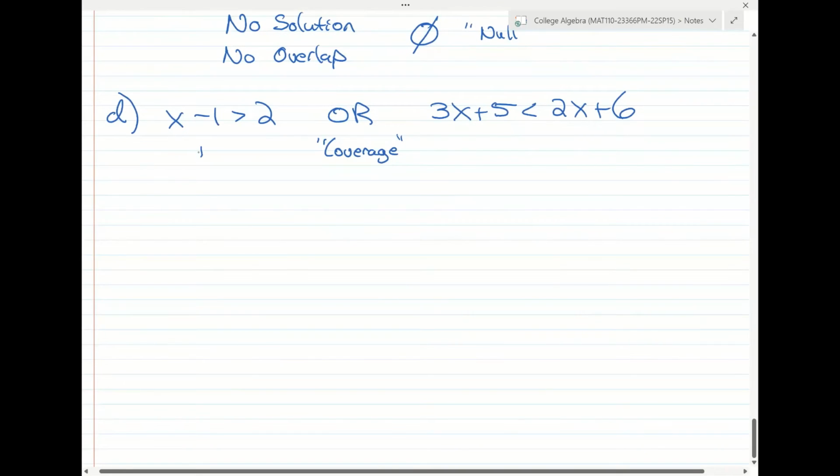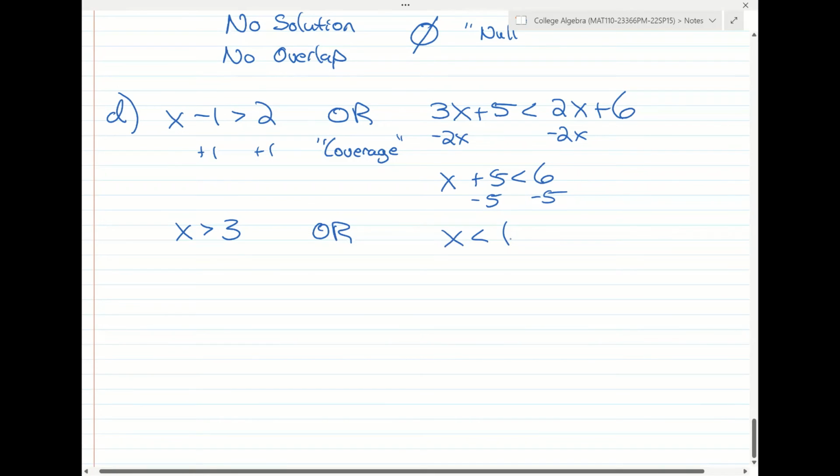On the left side, we could add 1. x is greater than 3. On the right side, we could subtract 2x. Numbers greater than 3 would be over here.